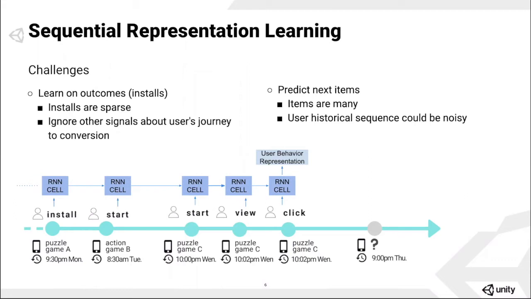Another way is to learn on the next item, but it is still difficult because the number of next items is large. It is hard for the model to predict the exact next item. Besides, the user's history data is normally noisy because it may be affected by other strategies of showing ads.